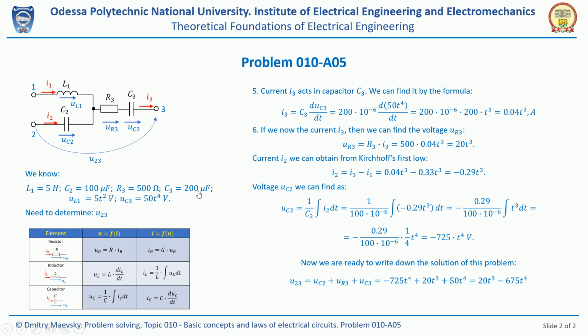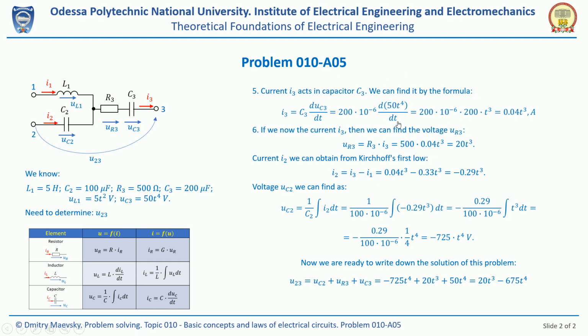Then we substitute the parameters of our elements. 500 microfarads is 500 multiplied by 10 to the power minus 6 farads, multiplied by the derivative of 50 multiplied by t to the power 4 with respect to t.